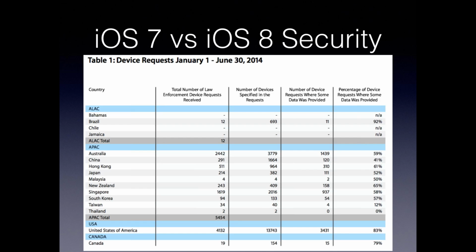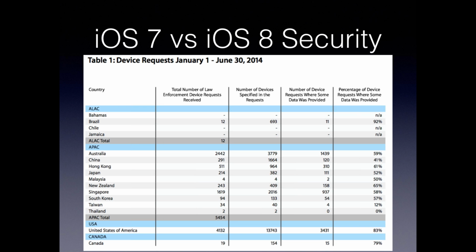A little bit more information on these different types of device requests. This chart was acquired from Apple, and this is for a time period of 6 months between January 1st and June 30th, 2014. The chart depicts the total amount of law enforcement requests that Apple received during this time frame for different countries, with the USA being the highest.